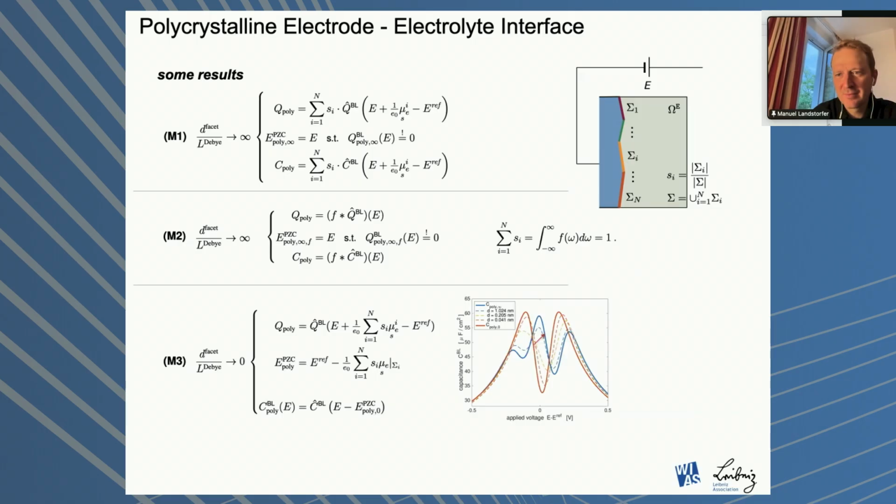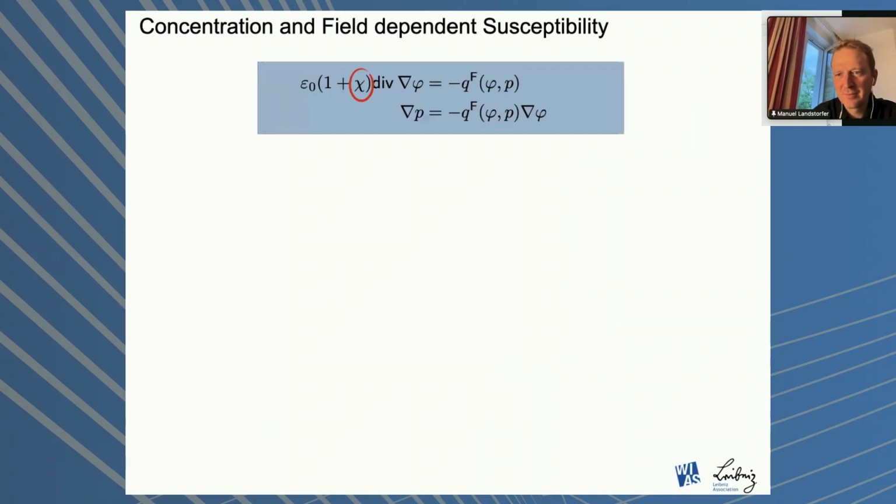We can also prove what is happening when the facet size becomes very small compared to the Debye length. Then you get another limiting equation system for the polycrystalline differential capacity and potential of zero charge. But that's kind of, let's say, details, which I'm happy to answer while I'm in LA. And this is, in my opinion, really crucial for a better understanding of nanometer-scale electrocatalysis and what is really going on in these types of systems.